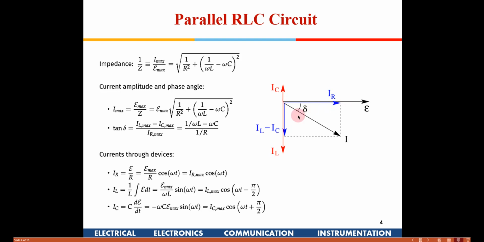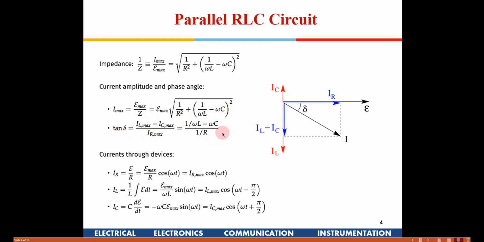The opposite side in this case is IL minus IC, and the adjacent side is going to be IR. So this is the equation, 1 by L omega minus 1 by C omega, which we need to follow to find out the phase difference. You see that both I and delta are functions of omega here.